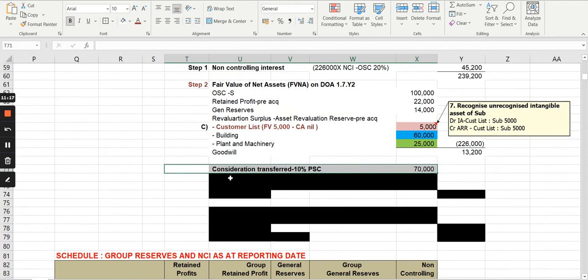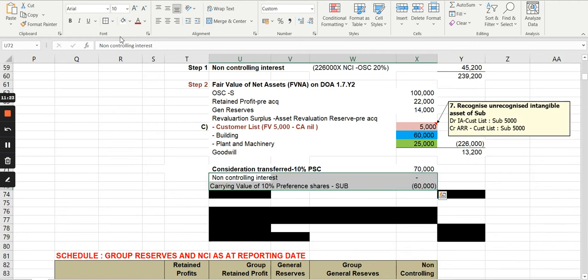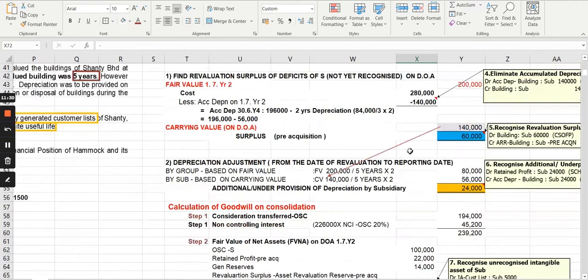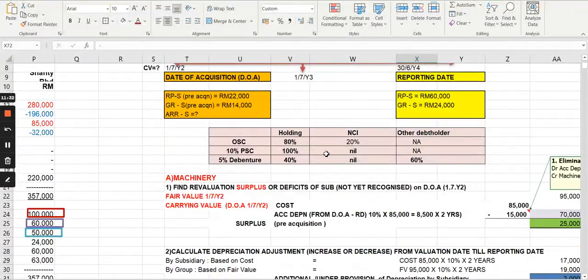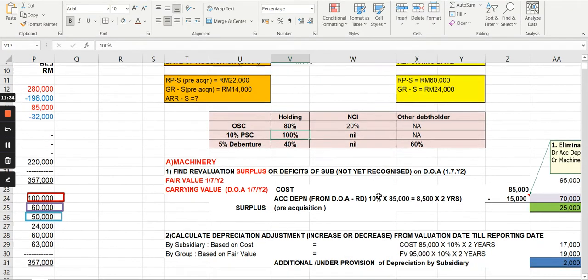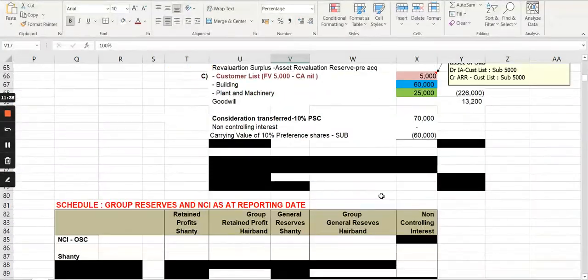So the consideration transferred, as I mentioned, was given in the question, 70. And that will have to be added with the non-controlling interest. So here there are none, since we acquire 100% of the preference shares, so we do not have non-controlling interest.